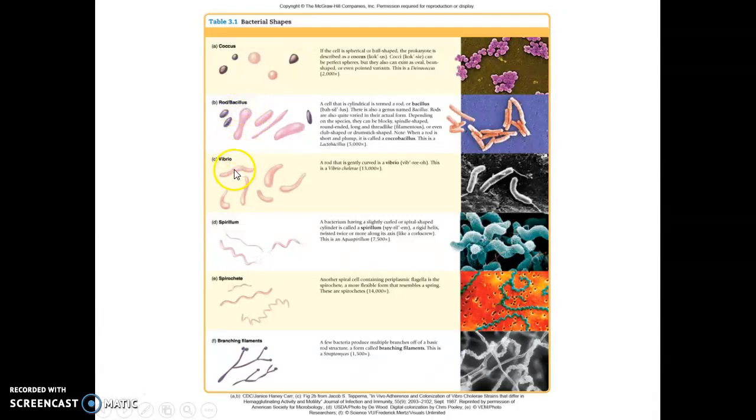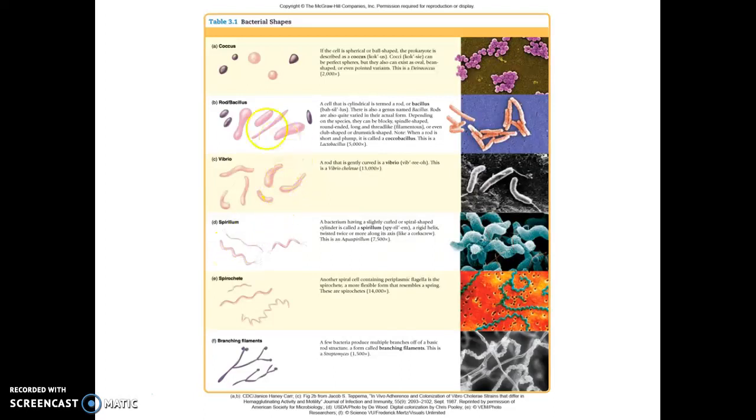You have vibrio, and vibrio are rods that are gently curved, almost a boomerang shape. Then you have spirillum, and I have difficulty keeping the spirillum and the spirochetes separate.